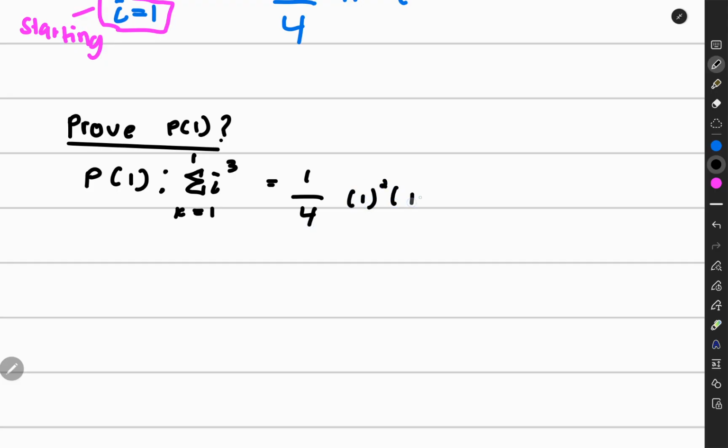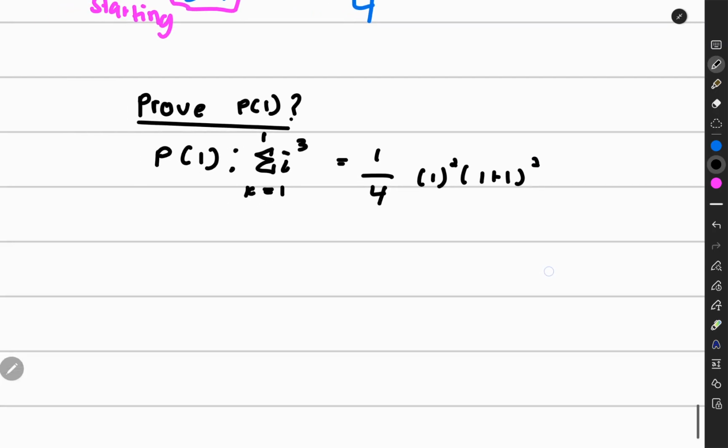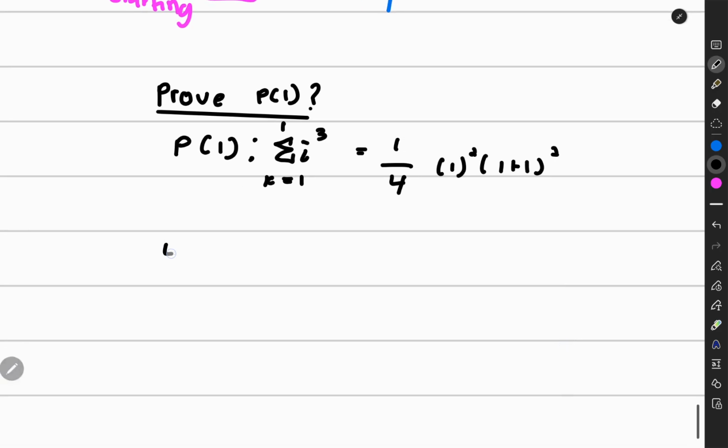So you have two parts here, the left hand side and the right hand side. You can do it directly or you can do it like this. On the left hand side we have the summations of i to the power of 3 when i is from 1, which is equal to 1 to the power of 3, which is equal to 1. How about your right hand side then?